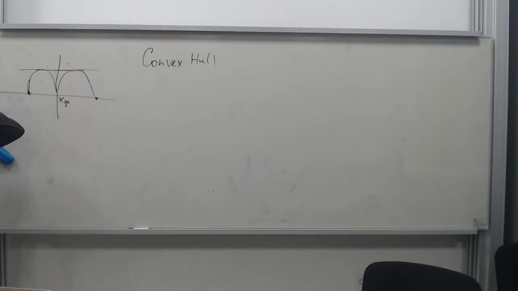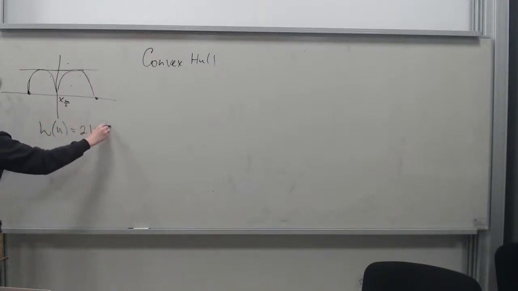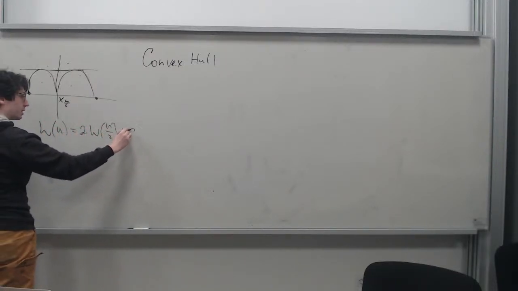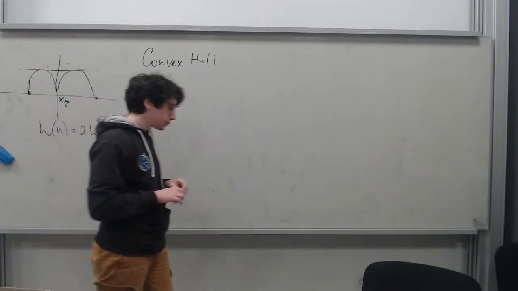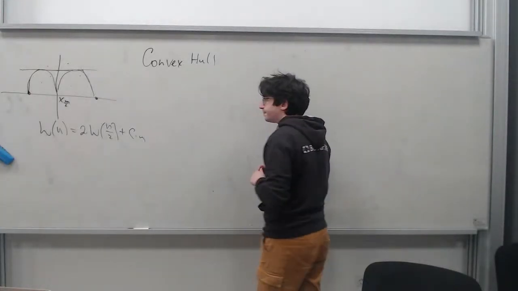If we can find this line in linear time, then the total complexity of the algorithm will be n logarithm n, since W(n) equals 2 times W(n/2) plus a constant times n. If you remember from the Master theorem, this is n logarithm n. This is the same as merge sort or any other divide and conquer problem.